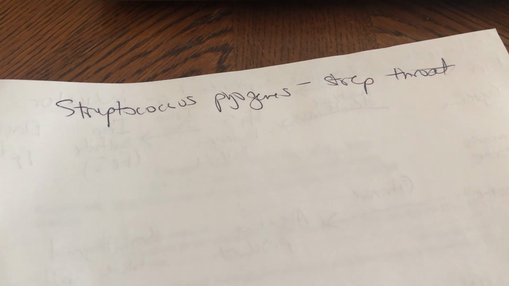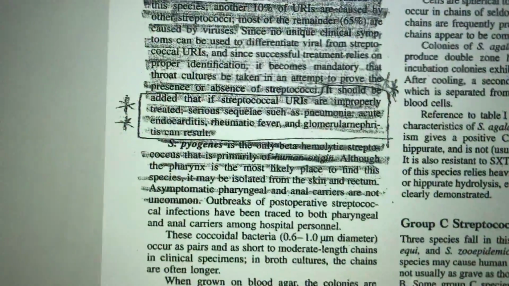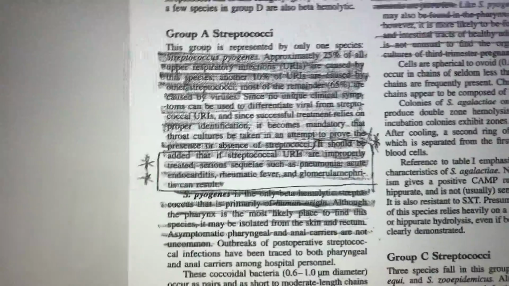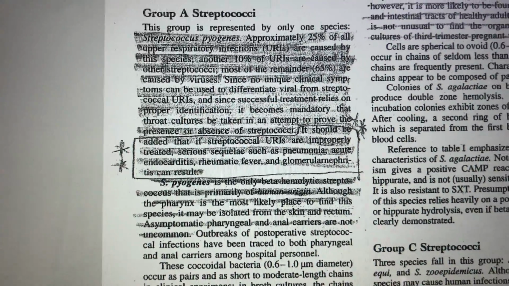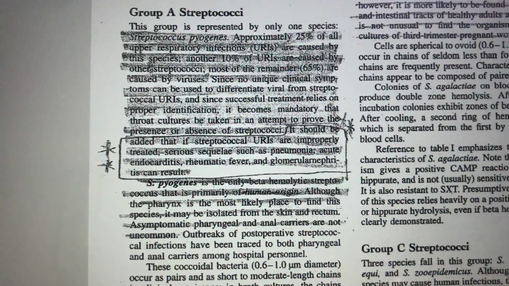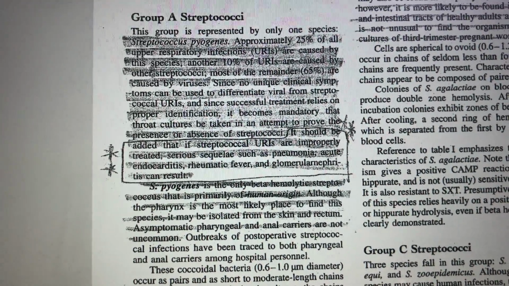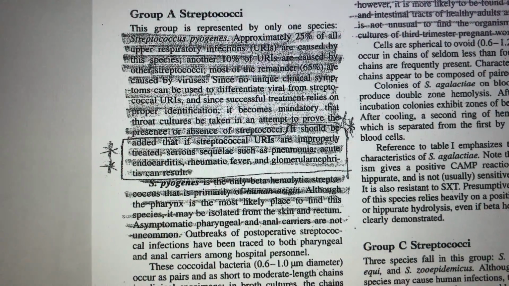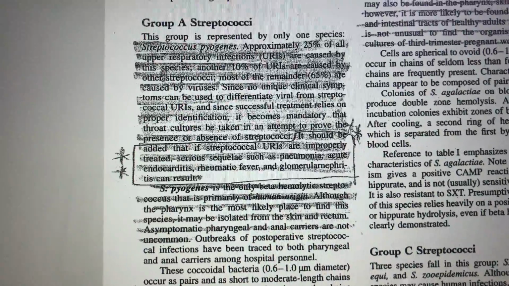First was that Strep pyogenes is the bacteria responsible for strep throat. And one major thing that you should know in general in life, but you should know this for the lab practical as well. It says, everything that I have starred and kind of circled around there: it should be added that if streptococcal URIs, which is an upper respiratory infection, are improperly treated, serious sequelae.